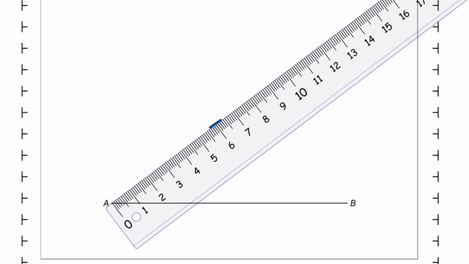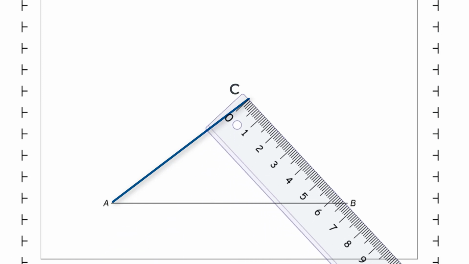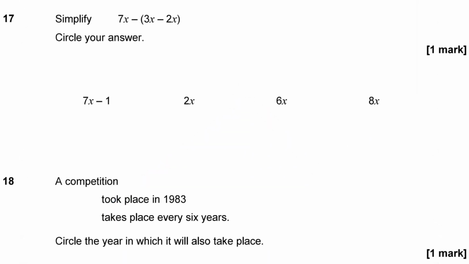And then I'm going to carefully measure along it to 8 centimeters and draw the line. Okay. Now once that line's been drawn, then the end of that line is going to be the point C. And then I can join C down to B with another straight line. Okay. Job done.